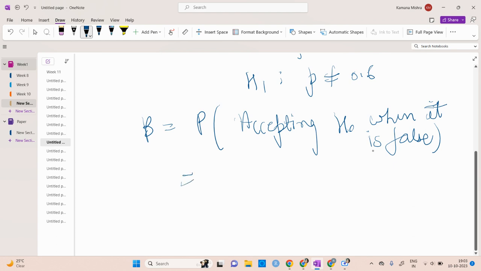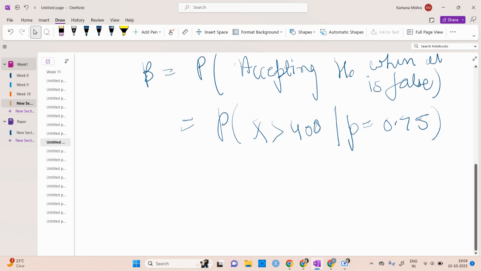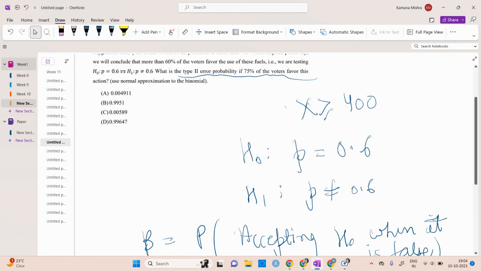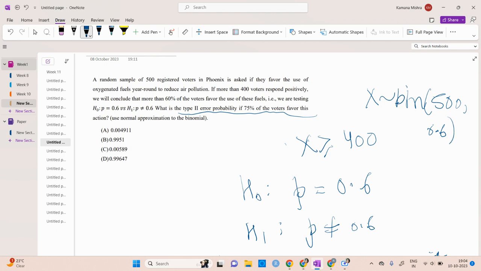So it will be probability x greater than 400, and when it is false means p is equal to 0.75. Now, since it is binomial, as you can see that n and p you have given, x is basically following binomial with n = 500 and 0.6 probability.